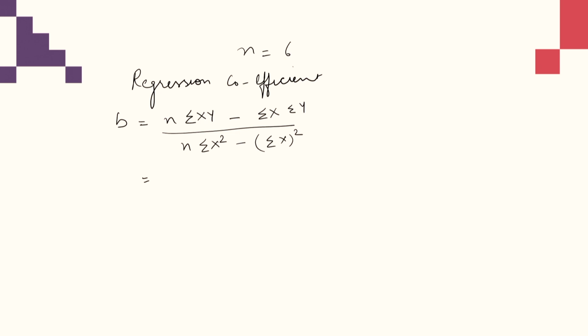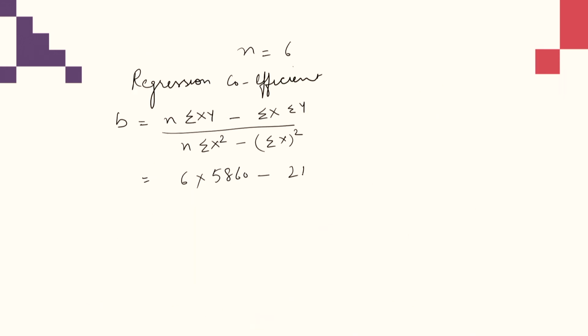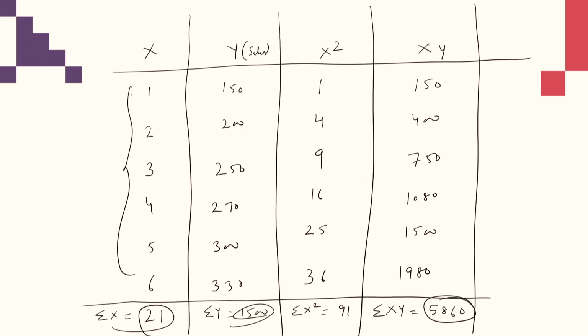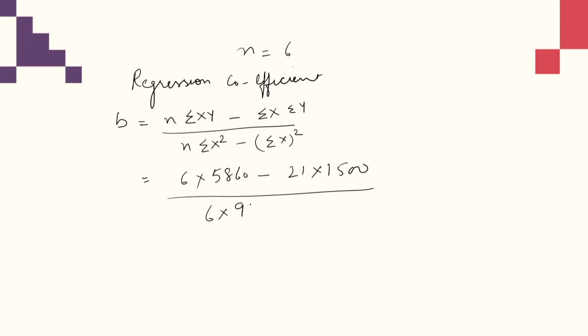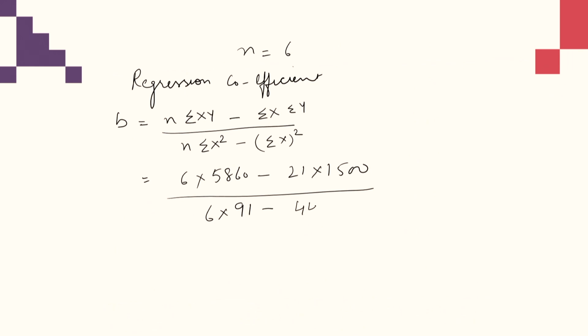We just computed n in the question as 6, and sigma xy as 5860. Summation of x is 21 and summation of y is 1500, so 21 into 1500, to be divided by 6 into sigma x square 91, minus sigma x whole square, which is 441. The square of 21 comes to 441.